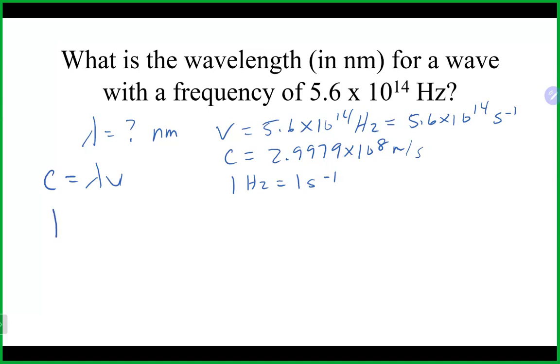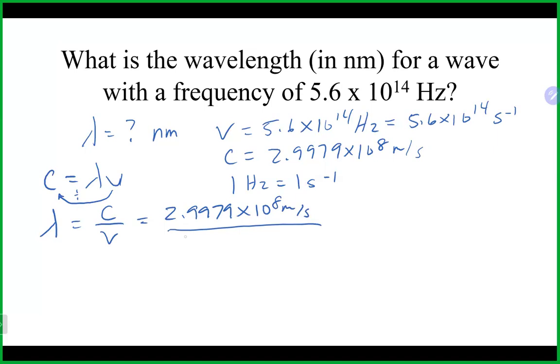Solving for our wavelength here, we want to divide that to the other side. That's going to give us c divided by our frequency. Putting in our numbers, 2.9979 times 10 to the 8 meters per second, divided by our frequency of 5.6 times 10 to the 14 reciprocal seconds.